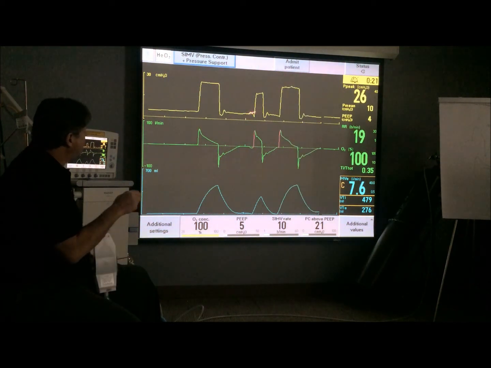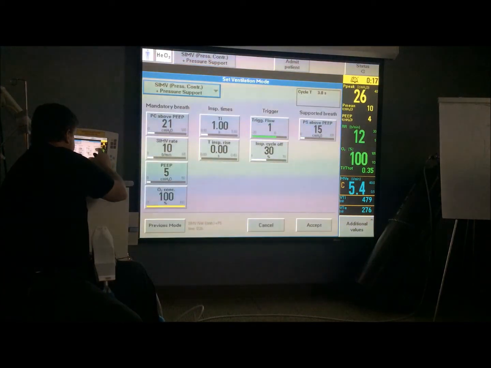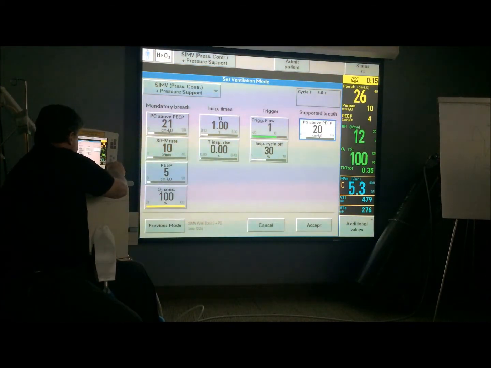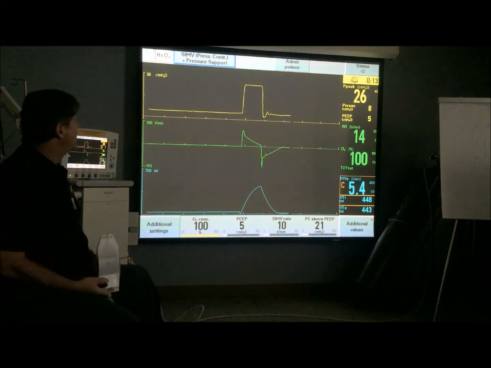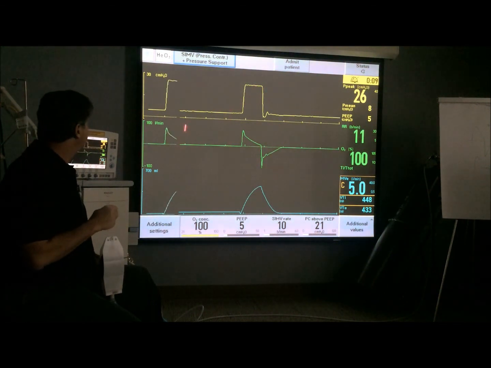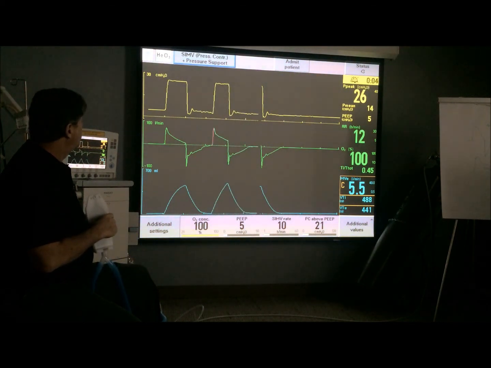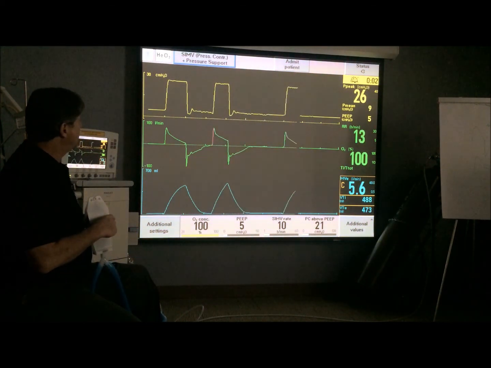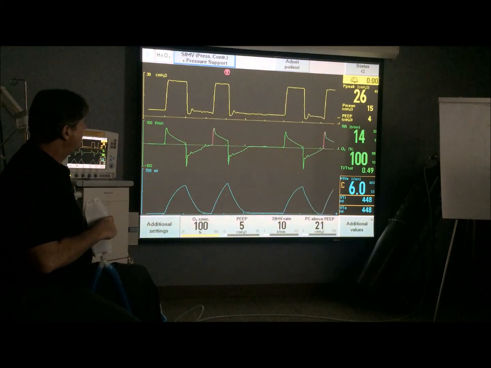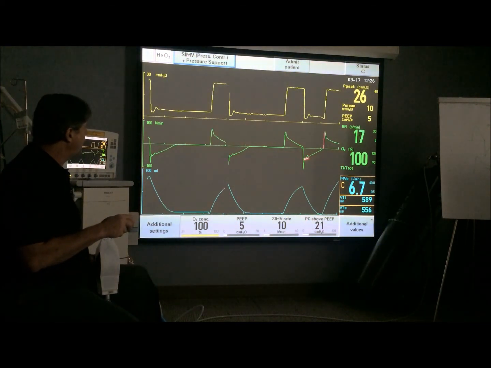And we can tell the difference because the support breath is less pressure, but if I set the pressure the same, now how do we tell the difference between the mandatory breath and the support breath? So there's a mandatory breath and a support breath. How do we know the difference other than the purple line there?